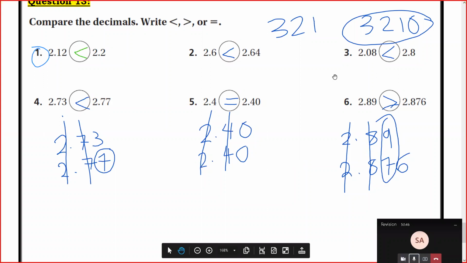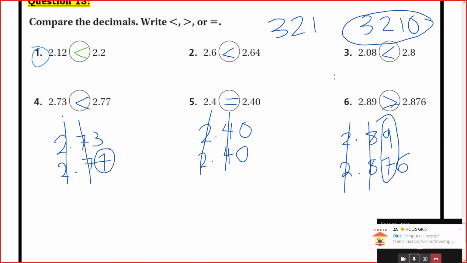I'm sorry, I will repeat. Here in the decimals, it's different from the whole numbers. In the whole numbers, if you want to compare between 321 and 3210, you first count the number of the digits. If the number of the digits is greater, the number will be greater.